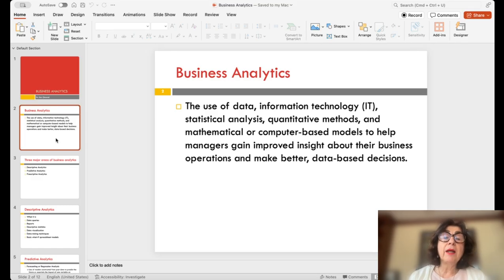It tells us that we must use data, we must use technology, we have to turn data into information, we have to use statistical analysis so we can understand our data better. We have to use quantitative methods and mathematical or computer based models so that we could do all the data analysis needed to understand what is going on with our business.